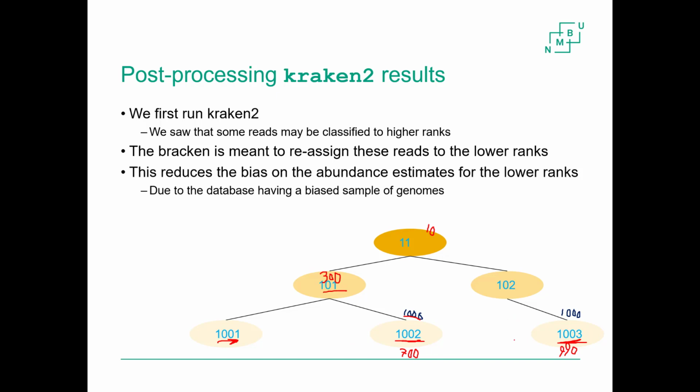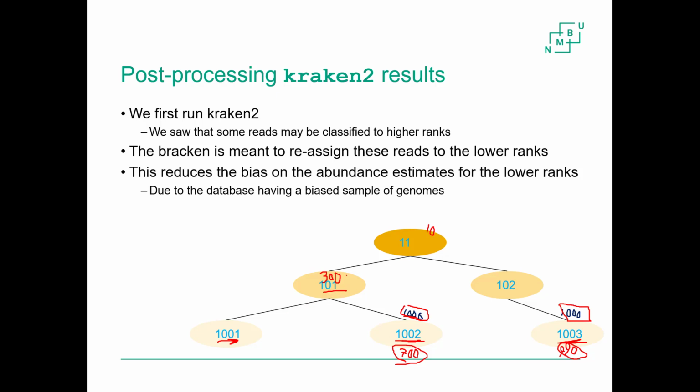And now if you start to only count the values that are assigned to the species, it looks like 1003 is more abundant than 1002. Can you see that? 990 reads over here, but only 700 here. But in reality, it's the same. They are equally abundant, but Kraken will not recognize this because of this lowest common ancestor way of reasoning, right?